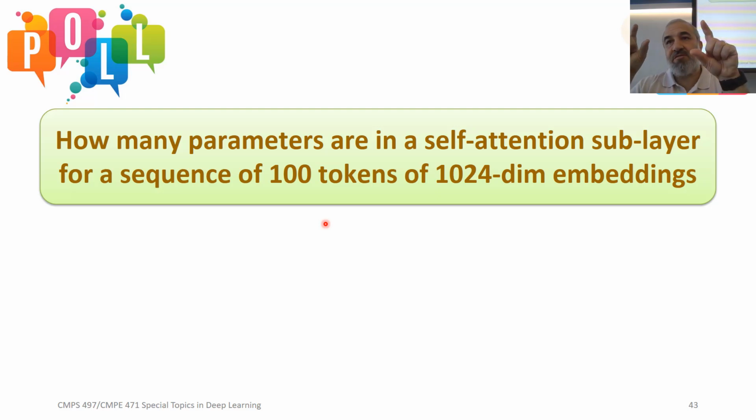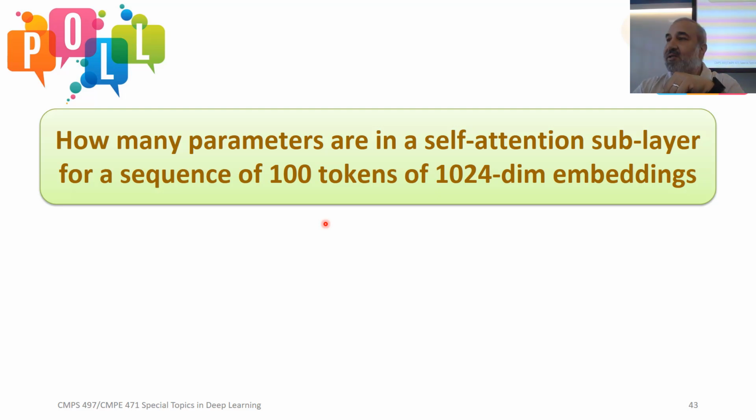Now the matrix is applied for each word, shared. So it's applied for each word. The size of the embedding vector is 1024, and the output is 1024. So what will be the size of the matrix? 1024 squared.